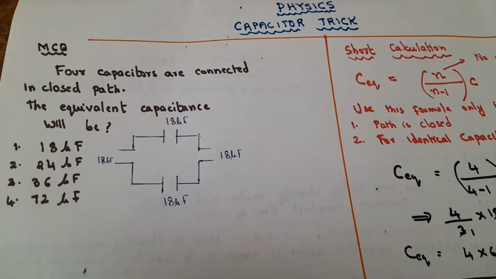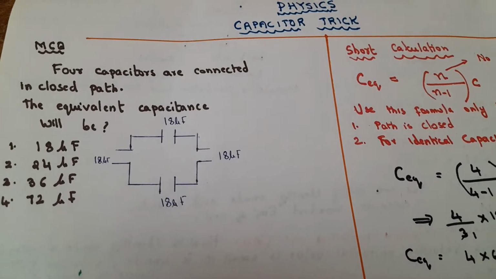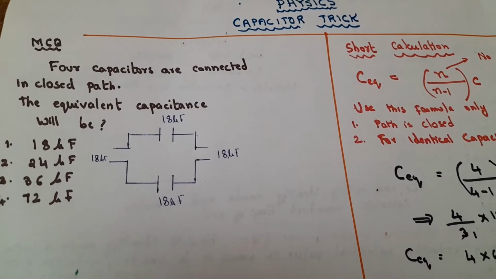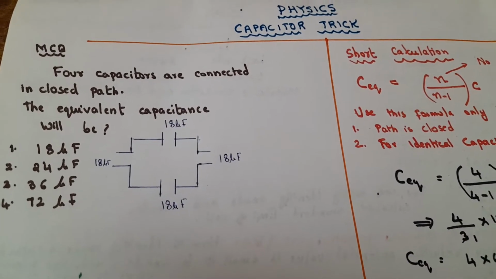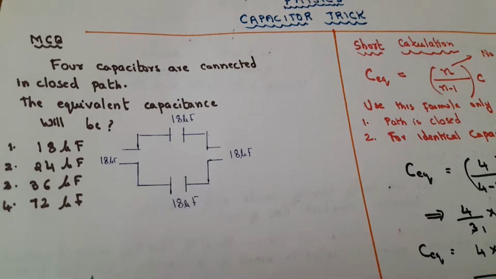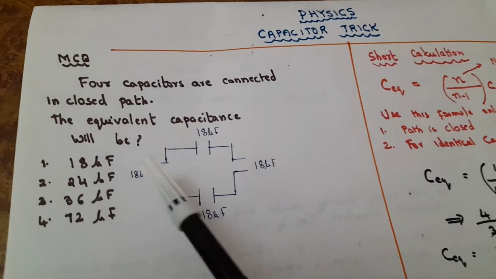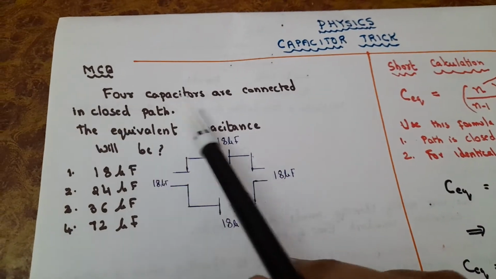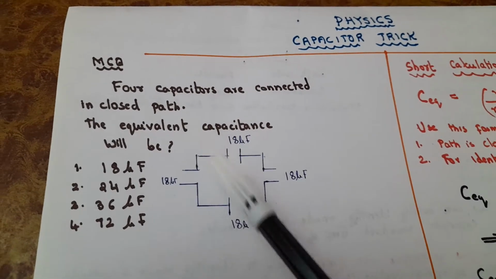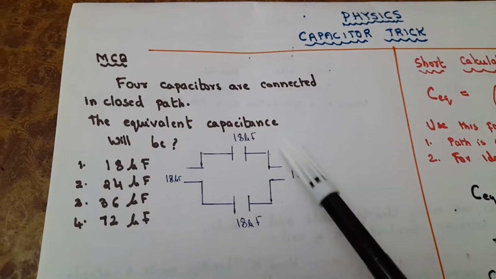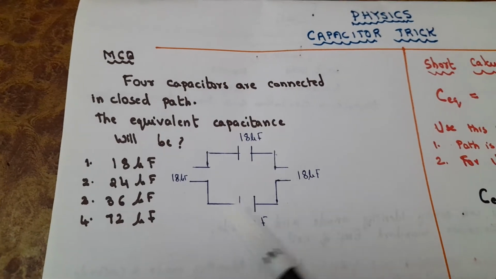So today we are going to study a small problem to find the equivalent capacitance. Here you can see the question given. What is the question? 4 capacitors are connected in a closed path. So there are 4 capacitors here, connected in a closed path.